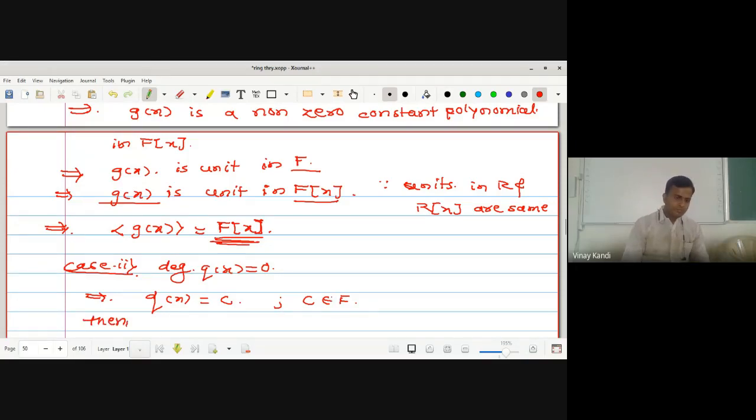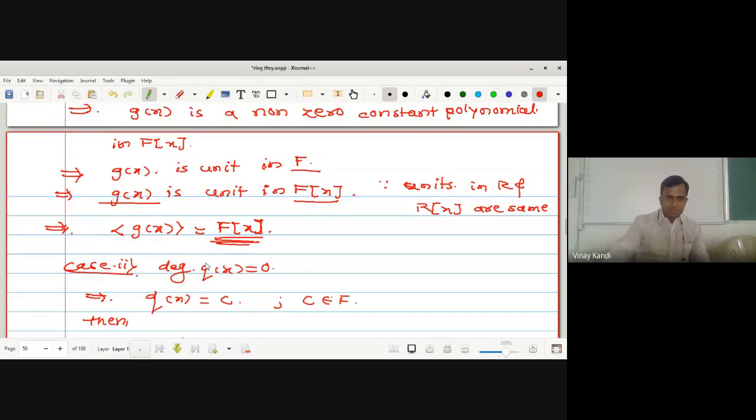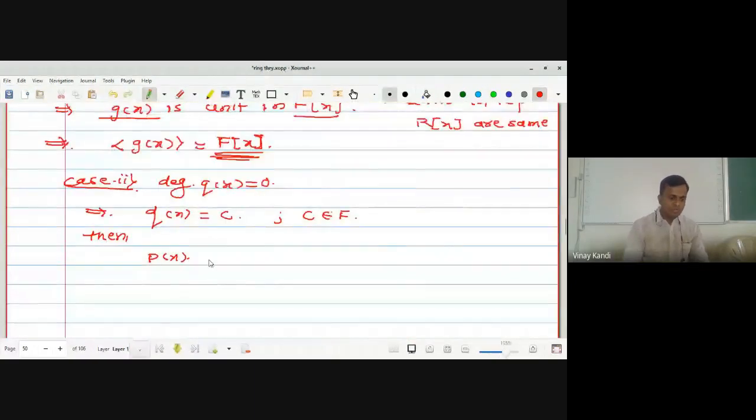Then what is the p of x? p of x काय तुमच्या इथे, g of x into q of x. Okay, so p of x is equal to g of x into c, where c is unit in f, capital F. Okay, that implies unit म्हणजे काय होतो, त्याचा इनवर्स एक्झिस्ट होतो.